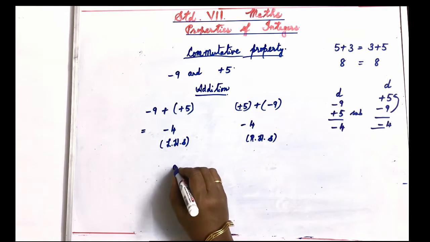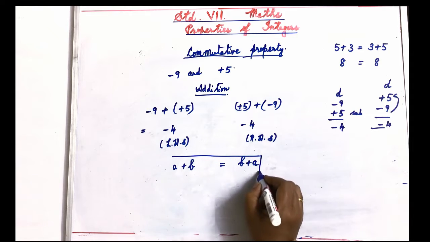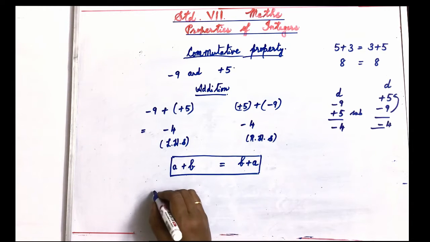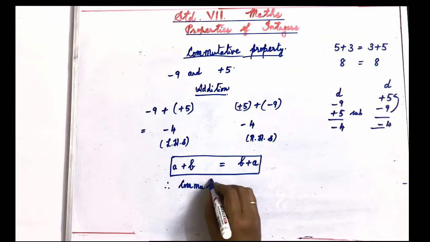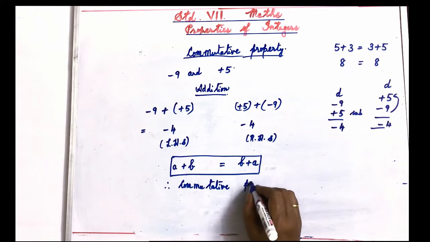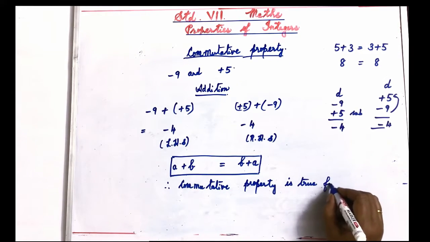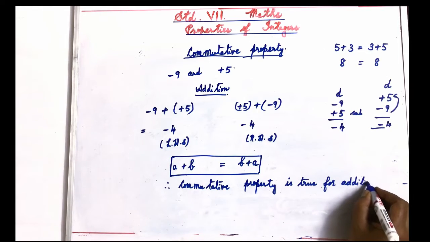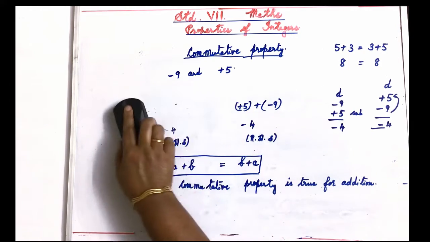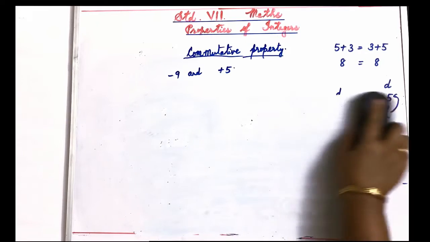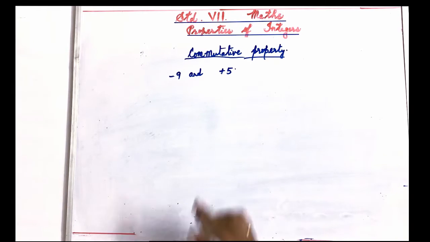Or in general, we can say it as A plus B is equal to B plus A. So commutative property is true for addition. Next we are going to check for subtraction.